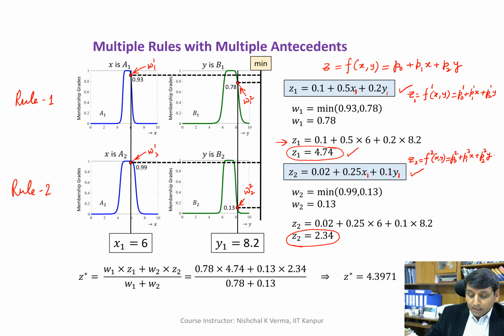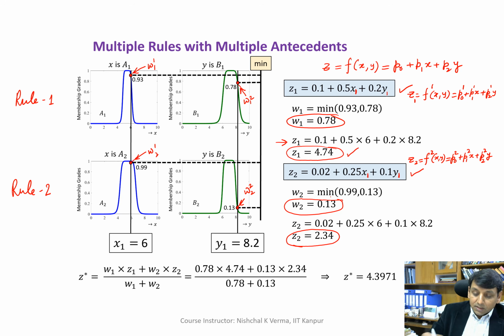So here we have Z1, Z2, and we also have W1 and W2 by taking the min of the corresponding weights, corresponding membership values.